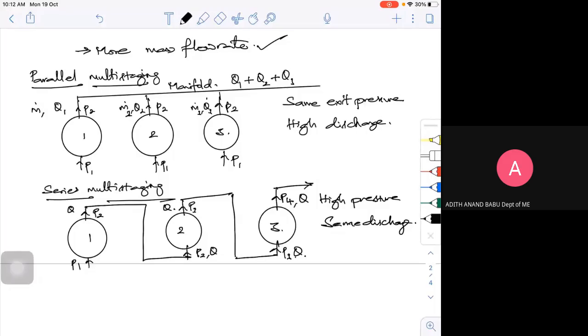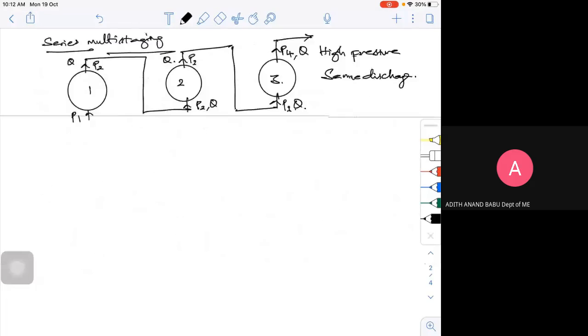Now, you already know the enthalpy entropy diagram. Let us try to draw the enthalpy entropy diagram for a compressor, then we'll try to derive the expression for the pressure ratio of a compressor.